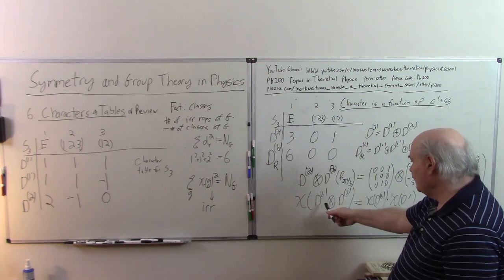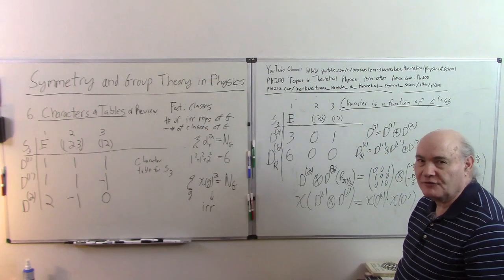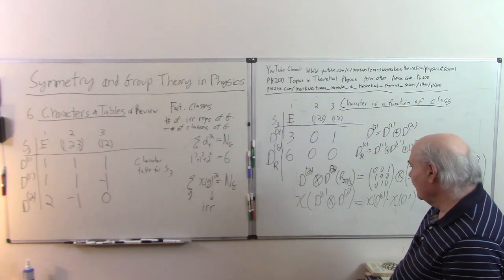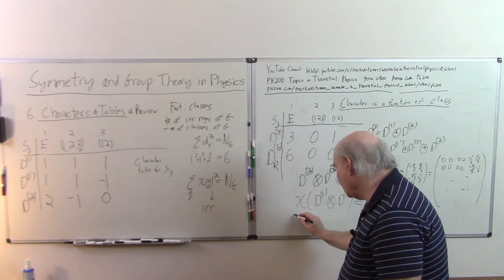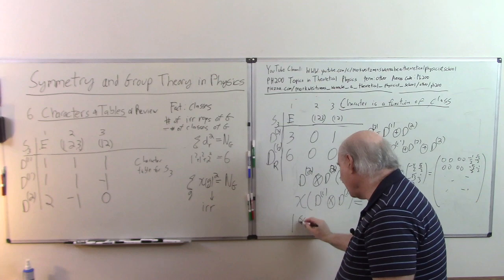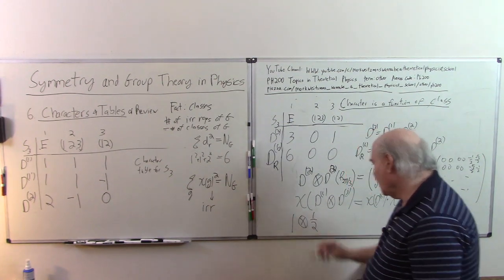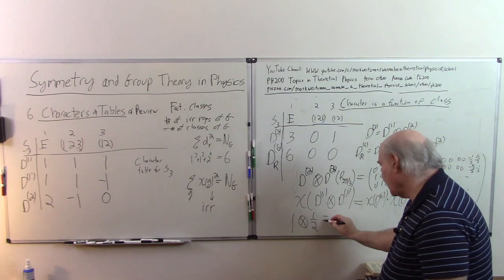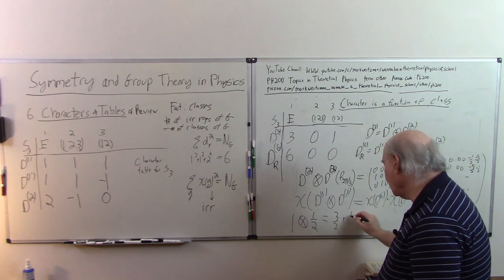And some of you may remember this direct product thing, like when we have the rotation groups and we have, let's say, spin and angular momentum, and we might add a spin 1, L equal 1 state. We might take a direct product of that with a spin 1/2, and we'll get something like 3/2 plus 1/2.